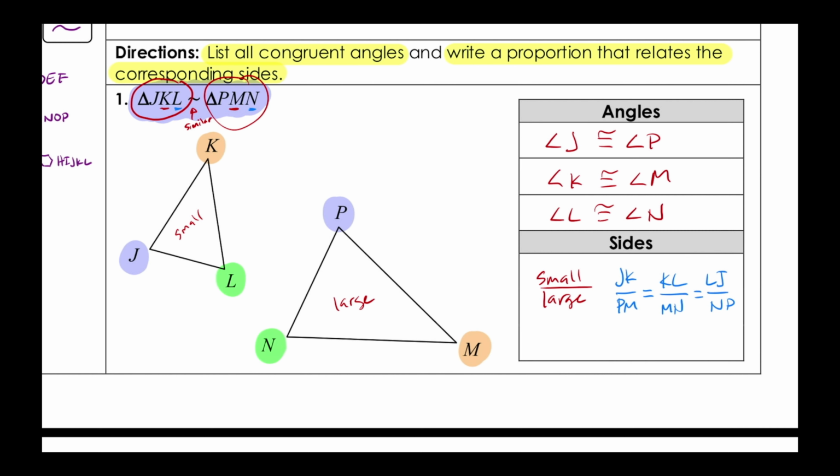Does that make sense? We're just writing our proportions. We don't have any values. We're not solving for anything right now. We're just seeing what matches with what. And all the angles are congruent, and all the sides form ratios that are equal to each other.